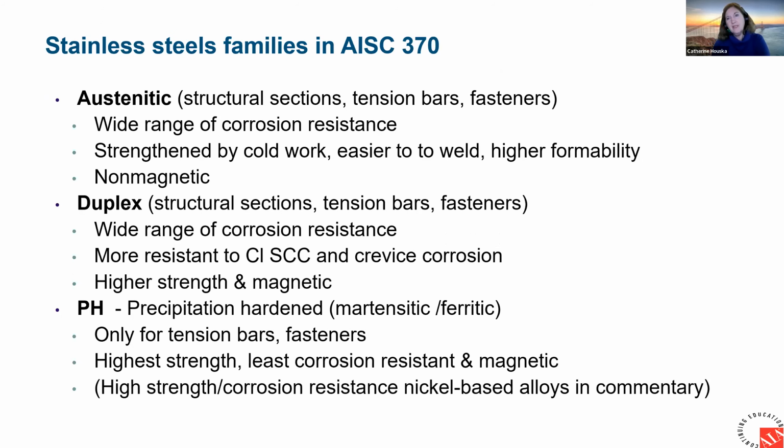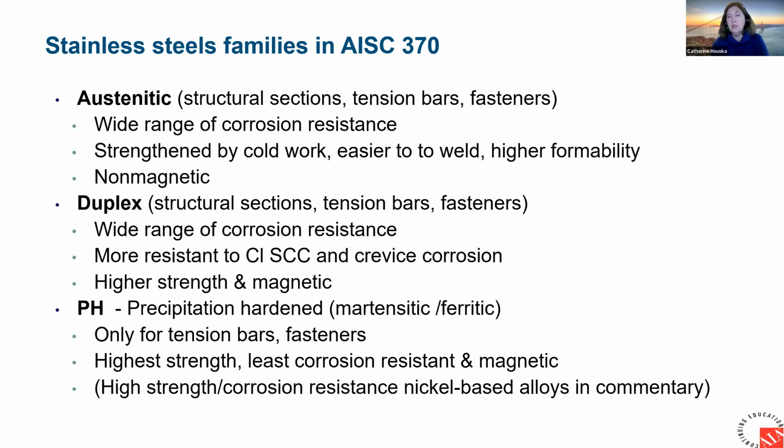So the families of stainless steel that are covered in AISC 370 are the austenitics and the duplexes for all structural sections. The precipitation hardened alloys only for tension bars and fasteners. They are the least corrosion resistant of the stainless steels, but they do provide the highest strength.